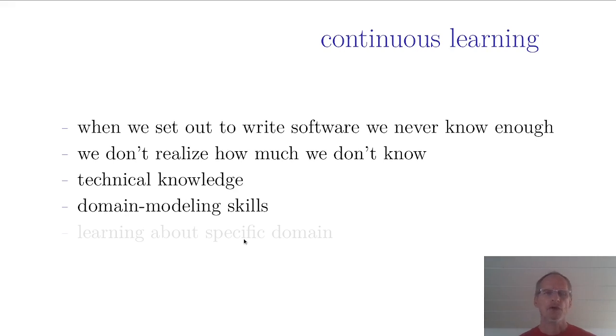But we also may find that we're still learning domain modeling skills, that we lack some domain modeling skills, and so therefore we learn something new in that direction. And there is the specific learning about the domain. We may not have worked in that domain before, and even if we have, there might be new insights that we're still learning about.